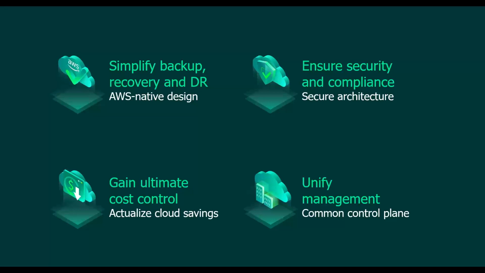We integrated that with a unified management, the common control plane. I'm going to show you that, and you probably are going to see that the product looks very much the same as Veeam Backup for Azure does, as well as Google Cloud. And later on, we can integrate it with VBR, which is the common control plane.